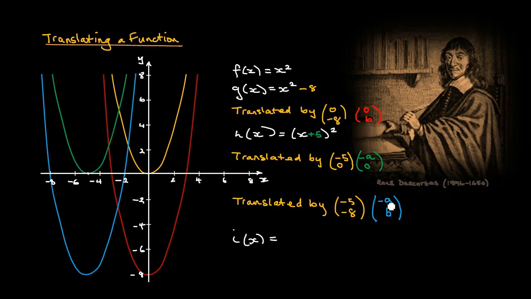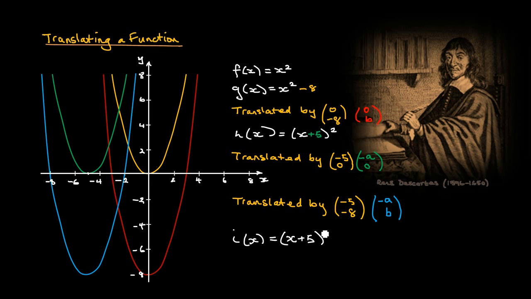I of x then must be what? Well, first of all, I've got to look at what goes in the brackets. X, what's happened to x? X has to be minus a. So if a was minus 5, then I have to change the sign. So the minus a tells me to change the sign. So therefore it's got to be plus 5.